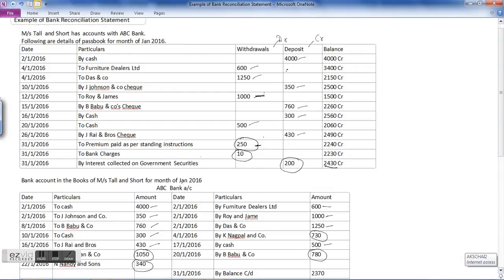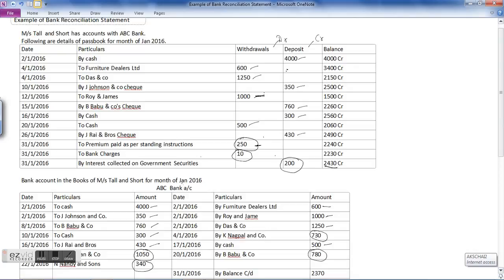Because of the premium paid, our credit balance in the passbook has been reduced since it's a debit transaction. Now the same entry has not been passed in our books of account. So now we are moving from passbook to books of account. So if we want to derive the balance as per books of account, this 250 which has been deducted here, we have to add it to 2430.